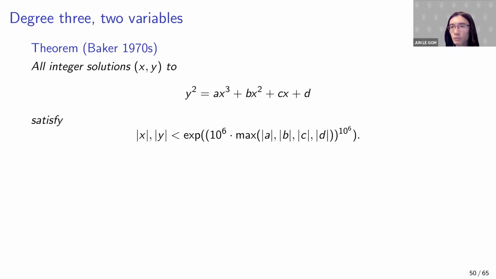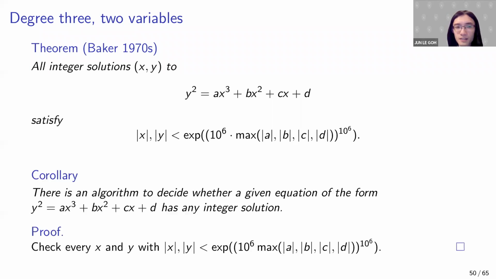What's the point here? The point is that there is a finite bound for all of the solutions to this equation. And how does that help us? This tells us that there is an algorithm to decide whether such an equation has a solution, because you can just check all of the x and y's that satisfy this bound.